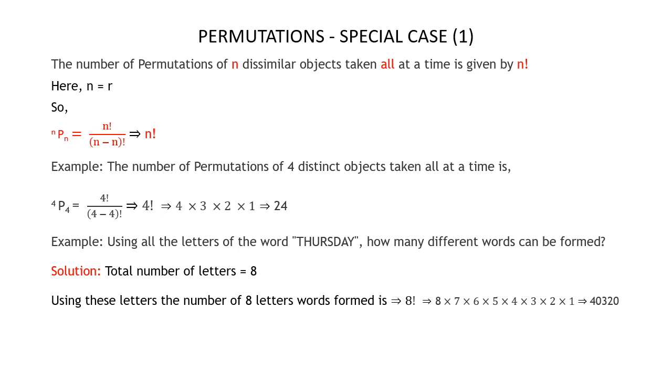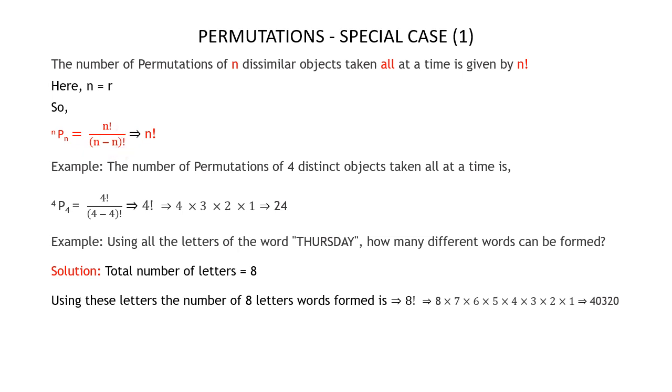But here the number of permutations of n dissimilar objects taken all at a time means n is equal to r. Now since n is equal to r, the permutation formula becomes nPn, and nPn is nothing but n factorial divided by n minus n factorial.